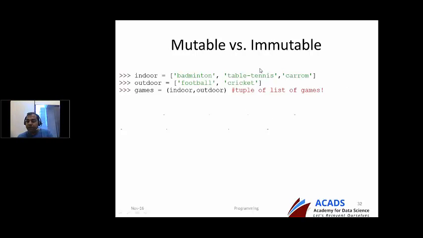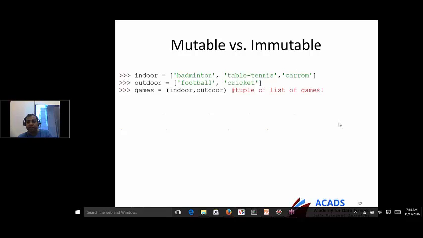Let's have a little bit more discussion on mutable and immutable types to understand this, because the example I'm going to show you will show some issues with mutability versus immutability. Suppose I want to create a program which keeps track of games, indoor games as well as outdoor games. So I create a list of indoor games.